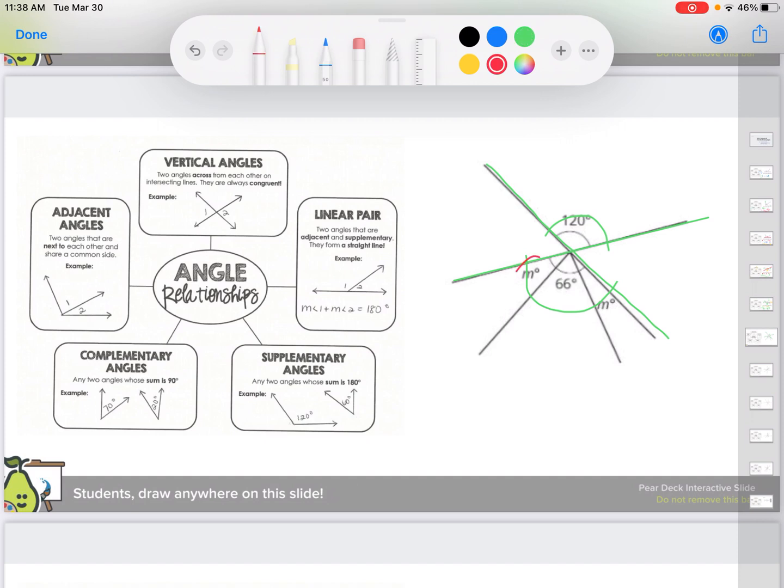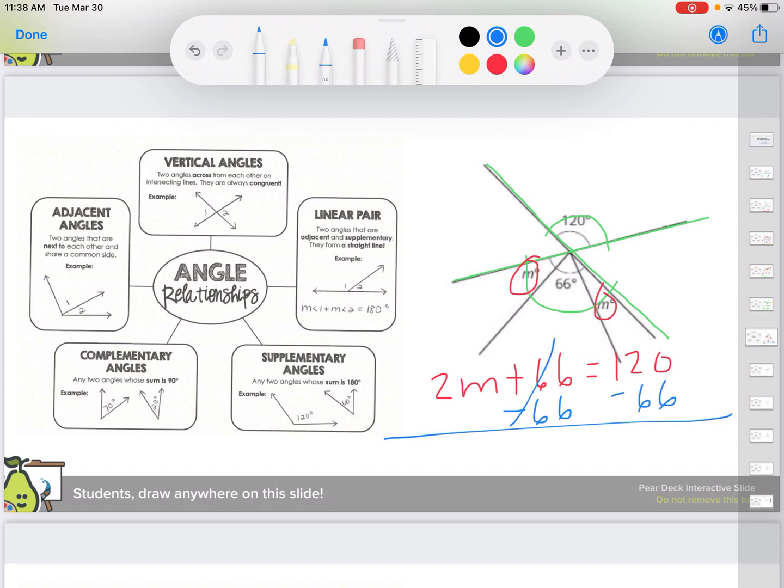So I'm going to start by combining my like terms. So I have 2M plus 66, and that's going to give me 120. So now I'm going to subtract 66 on each side, and I'm left with 54 equals 2M. So now I have to split the 2M into two equal parts, and I get M equals 27.